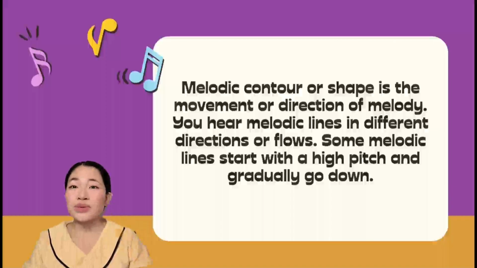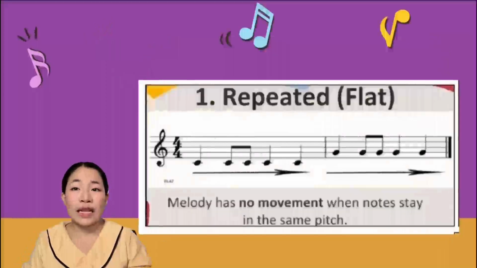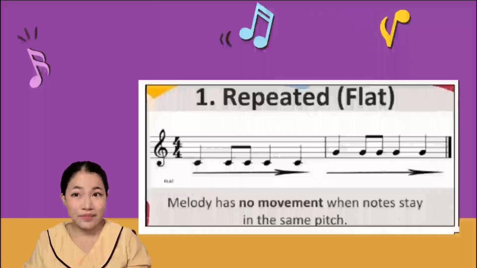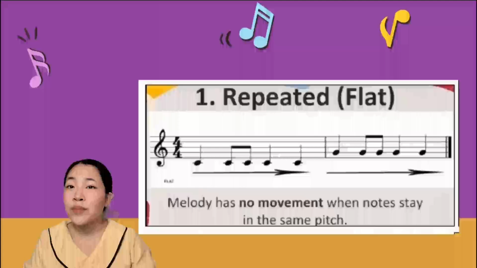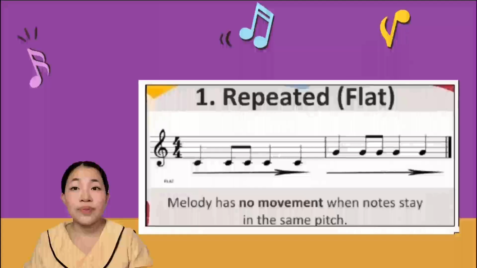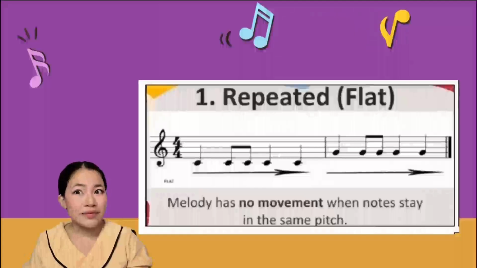So the first one we will tackle is the repeated or flat. Also, you can call it same or the same sound. Repeated, flat, or same. So the melody has no movement when notes stay in the same pitch. What does it mean?